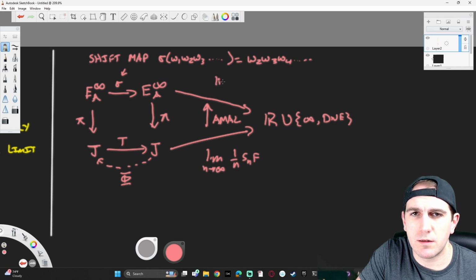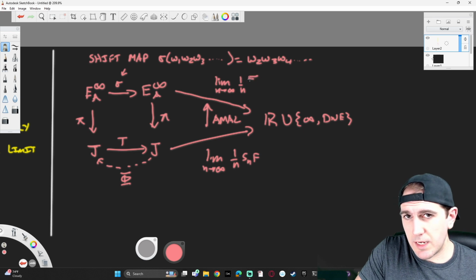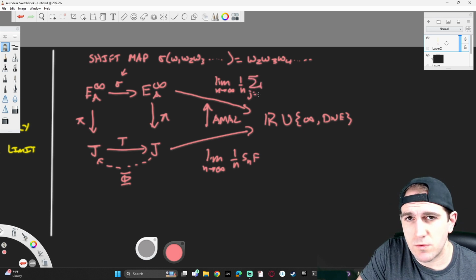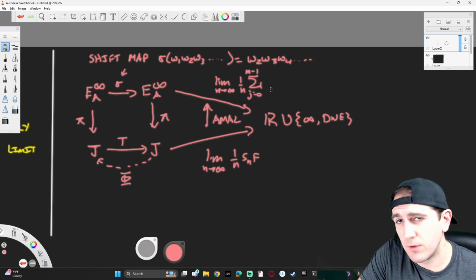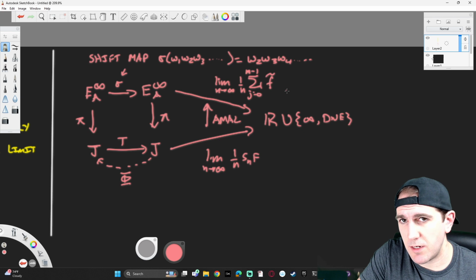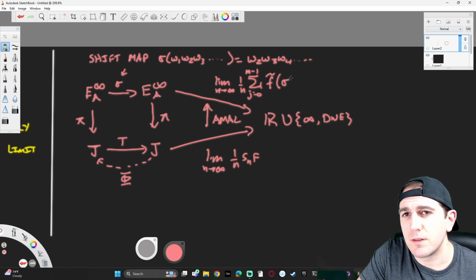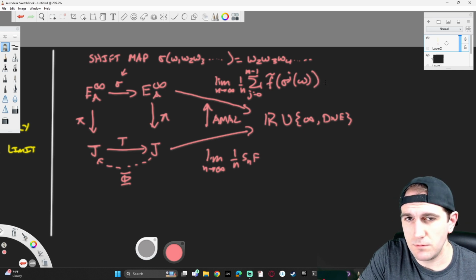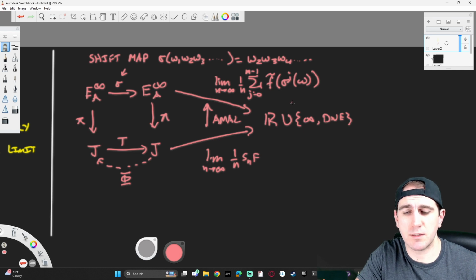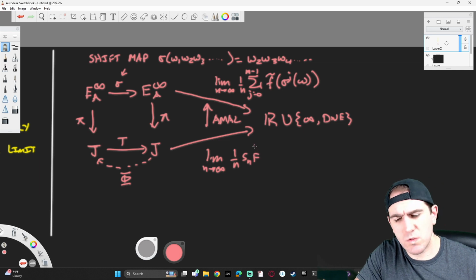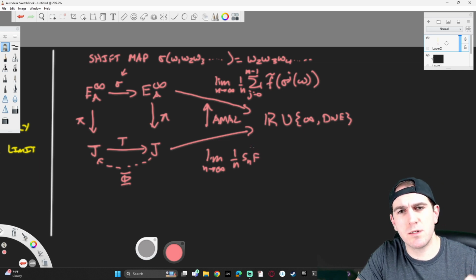It is the limit as n goes to infinity of 1 over n times the sum from j equals 0 to n minus 1 of what's called the amalgamated function, f tilde, of the jth shift of whatever symbolic point you're taking. That is the Birkhoff average with respect to the amalgamated function of the family F. And you can go back and forth between these two things under certain circumstances.